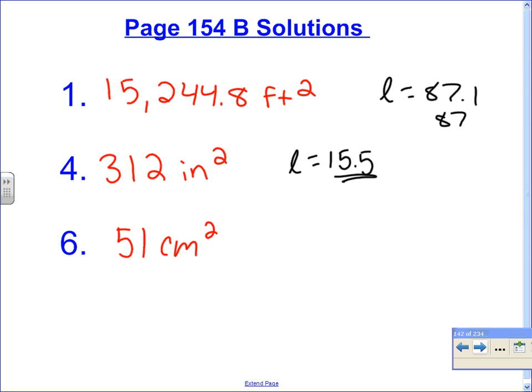For number 6, you should have 6 plus 45. I don't know how you got 10. I'm just trying to figure out how you got 10. Anyways, you should have done 2 times 2 plus 2 times 3, or 2 plus 2 plus 3 plus 3, times 9, divide by 2. I think you forgot about the 1/2.